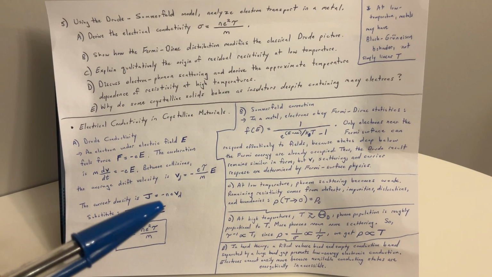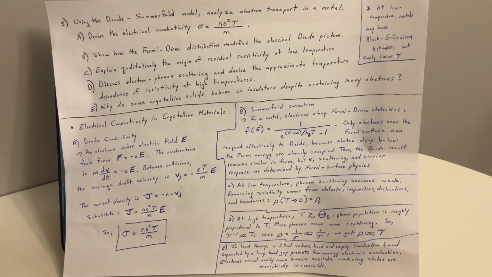The current density is J equals negative n e v sub d. Substituting, J equals n e squared τ over m times E. So σ equals n e squared τ over m.